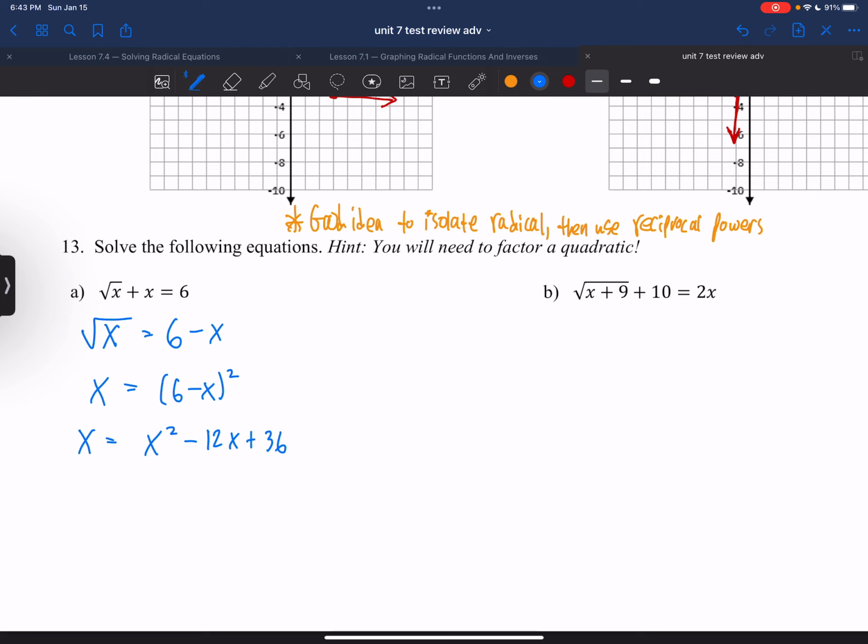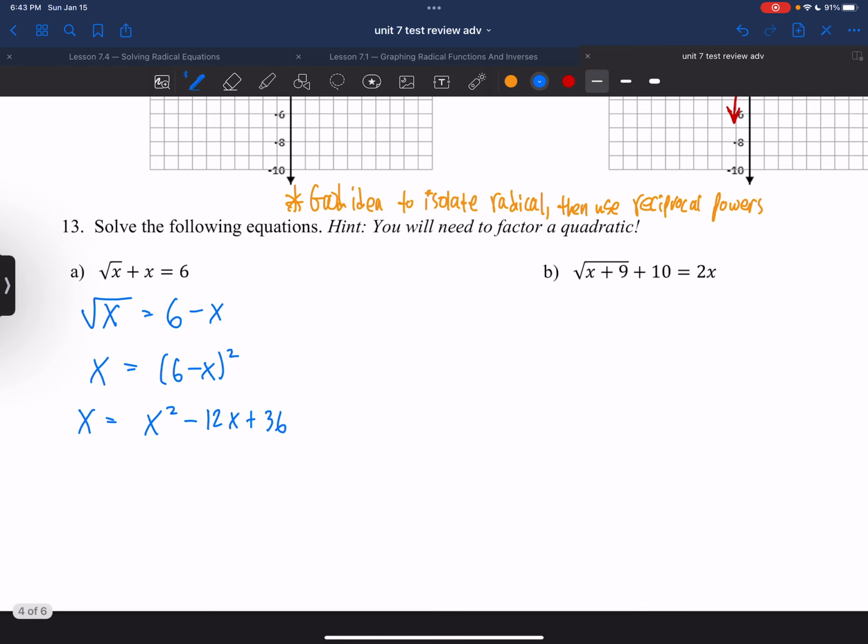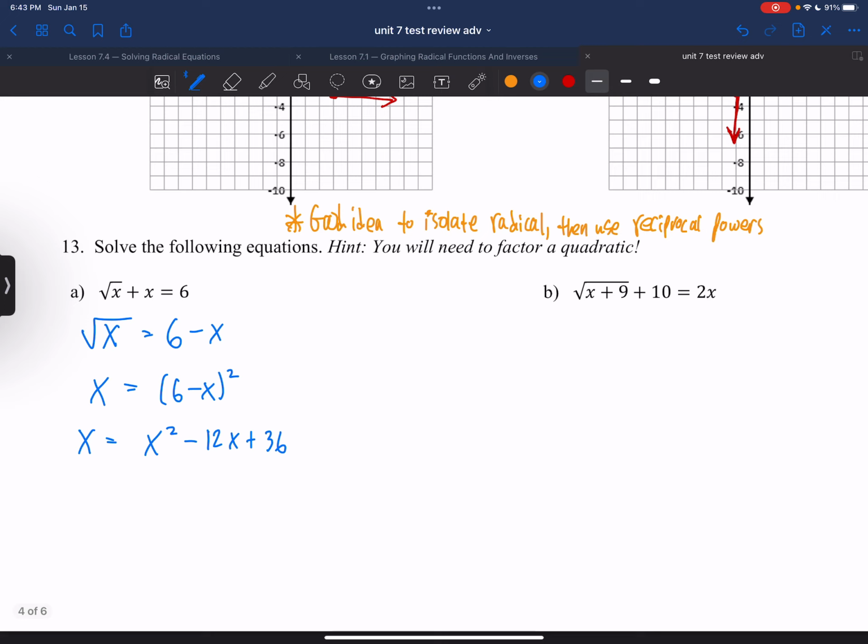I'm not going to explain how to do that because, like I said, you should know this. 0 equals x squared minus 13x plus 36. If I factor that, that's going to be x minus 9, x minus 4. Is that right? Yes, it is, which means my solutions are 9 and 4.